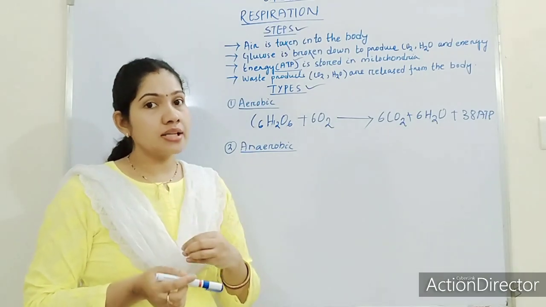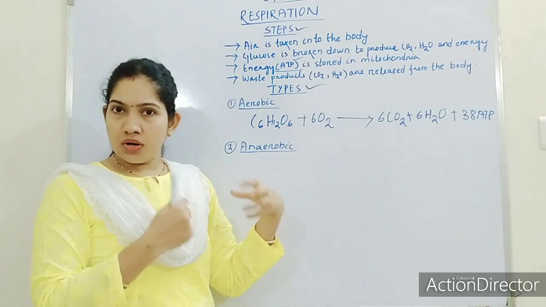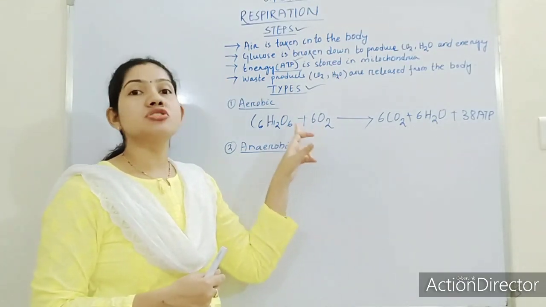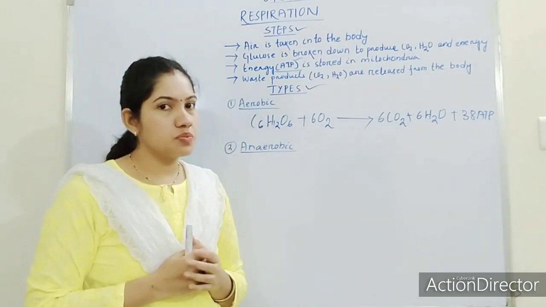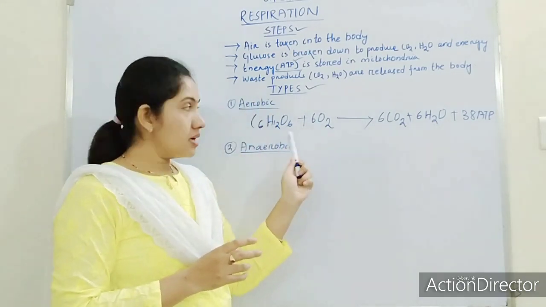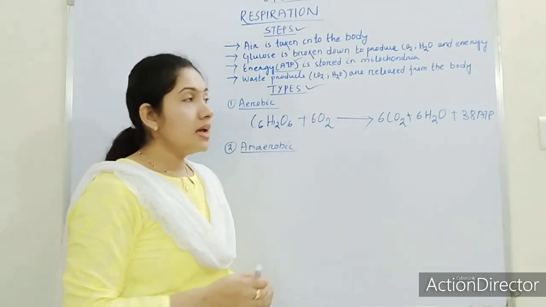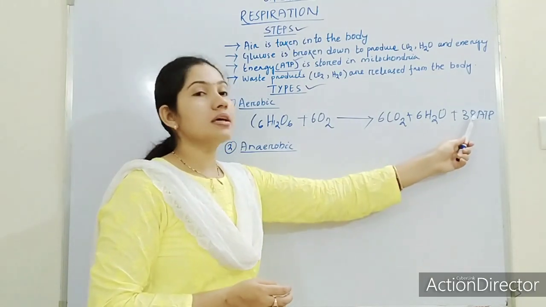From the food that they take. The glucose stored inside our body is broken down in presence of oxygen, which both plants and animals take from the atmosphere. By the breaking down of glucose in presence of oxygen, it forms carbon dioxide, water and ATP.